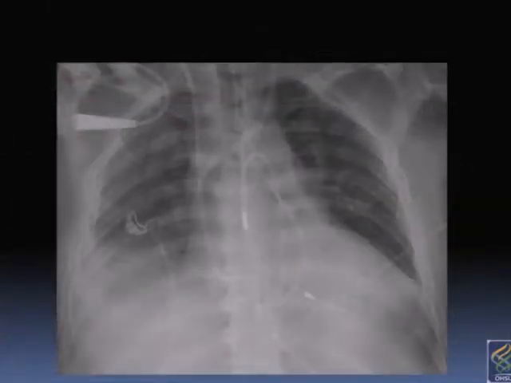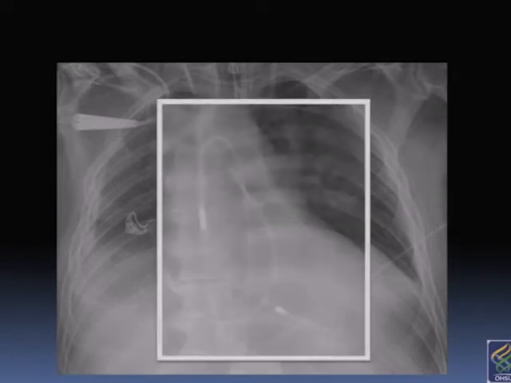Now moving on to the more temporary devices, we have seen this on a prior excellent talk. This is the Impella device, and to magnify it a little bit, to me it resembles more a cocktail stirrer than a hockey stick, but that's personal preference. The important thing about these devices is they're placed intraarterially via usually a femoral artery stick, and the placement should be below and above the aortic valve.